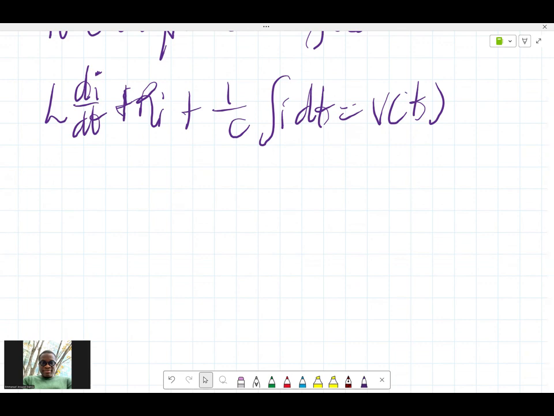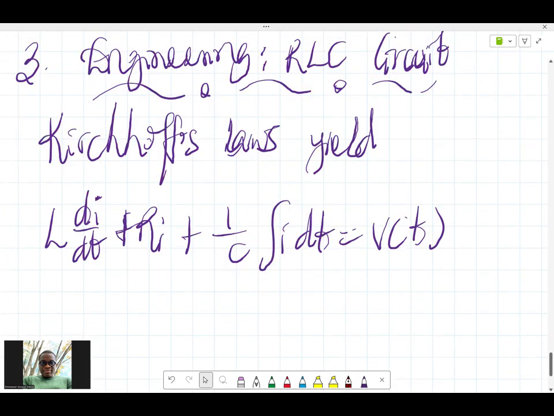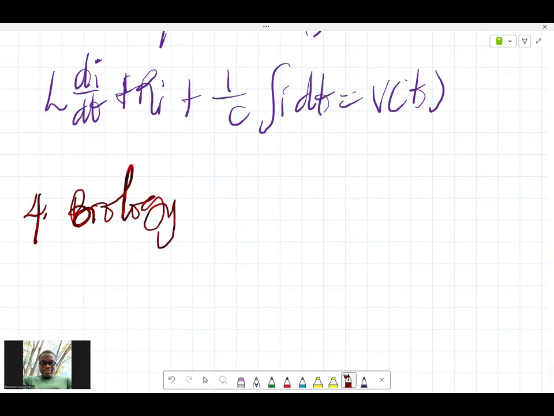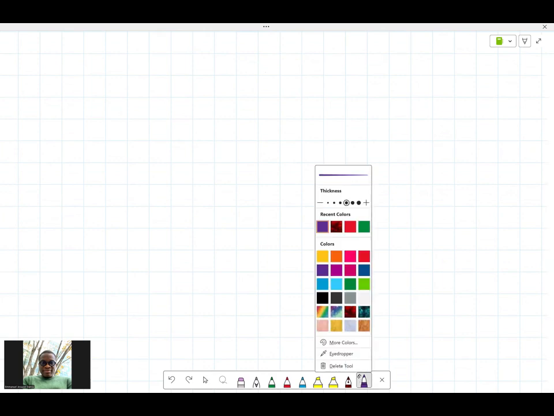You can also have two species. This is back to biology now, another biology example. This is more like a broad-based worked example. I think I want to take the liberty to deal with this.